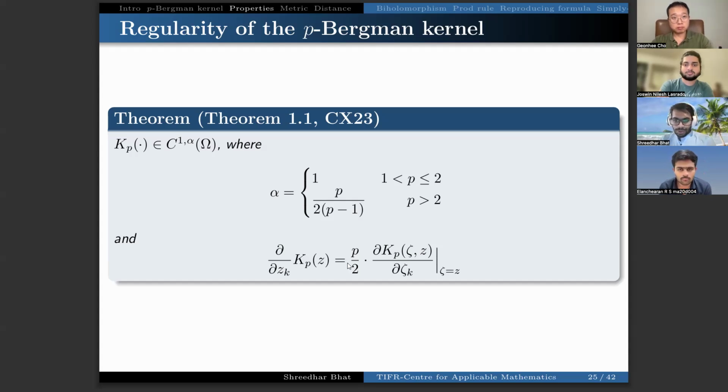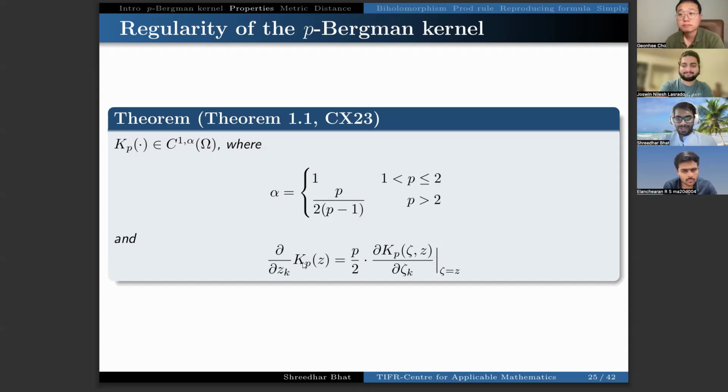All right. So also notice that these two functions are different. This K_p with one variable and with two variables are different. This is the norm of this function. So we know that you can differentiate with respect to the first variable in this one-parameter Bergman kernel, but not in the second variable.